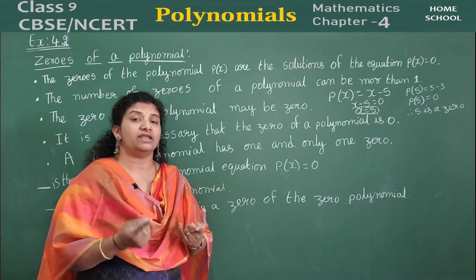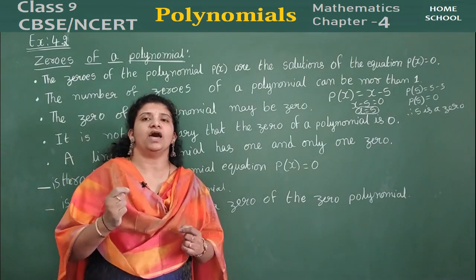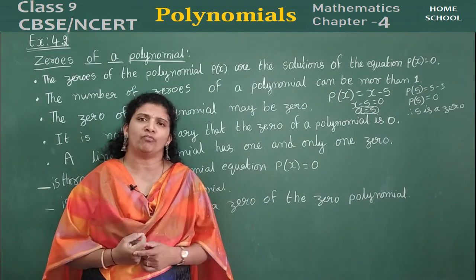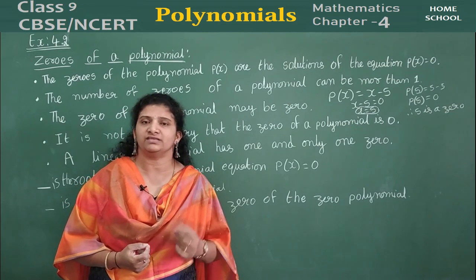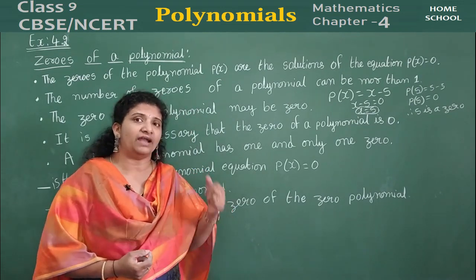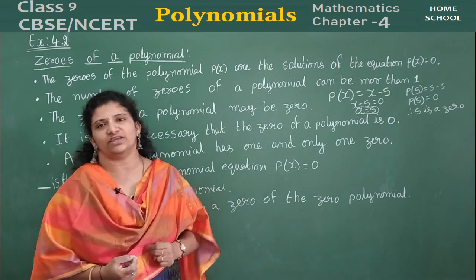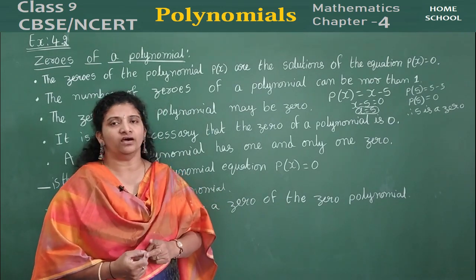Then its 0 of a polynomial will be 1 only. Suppose your equation is a quadratic polynomial, means highest power or degree is 2. So highest power is 2 means what? That equation will be having 2 zeros.